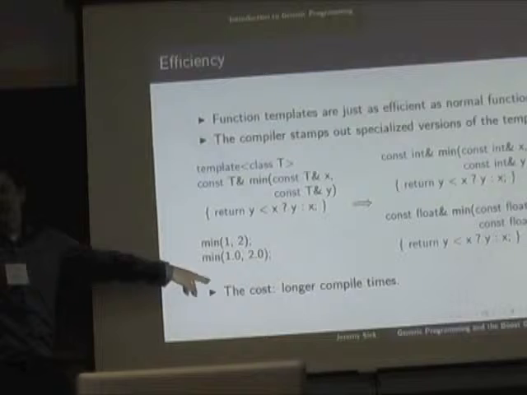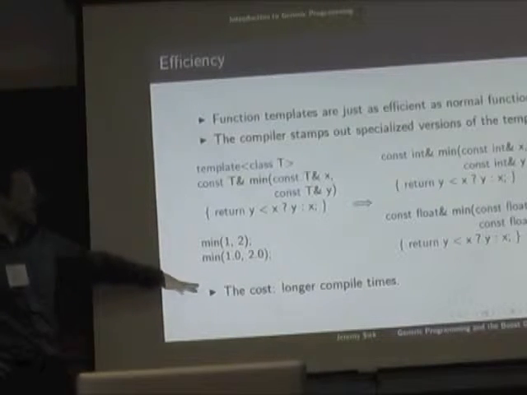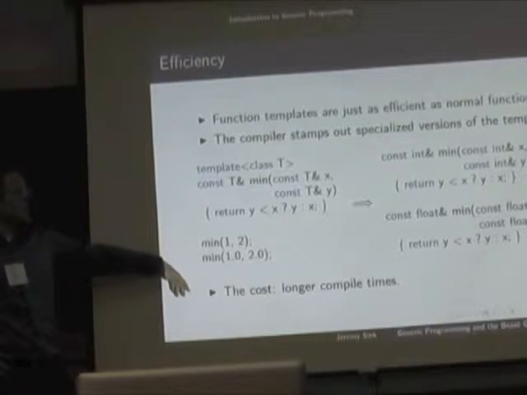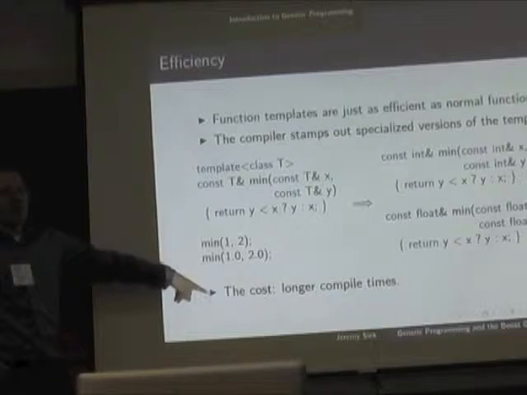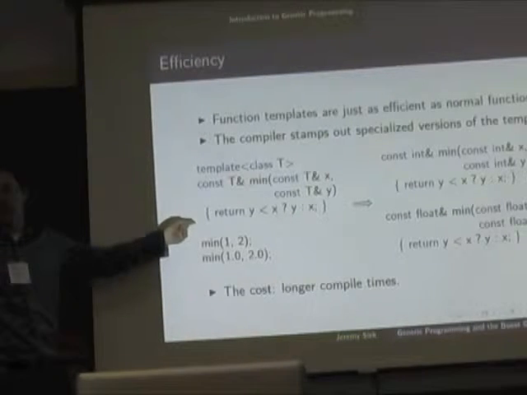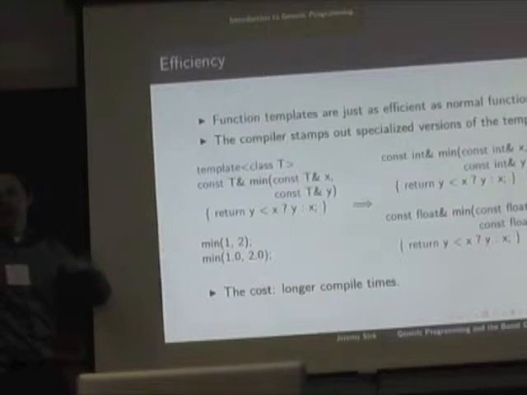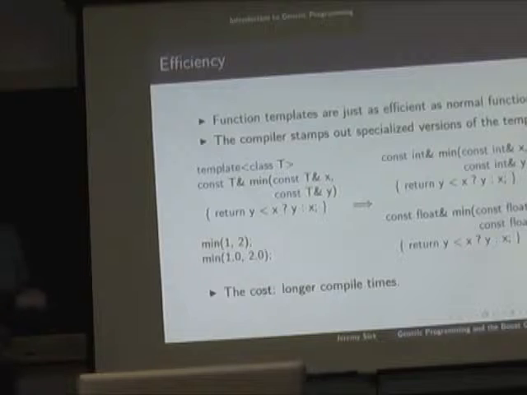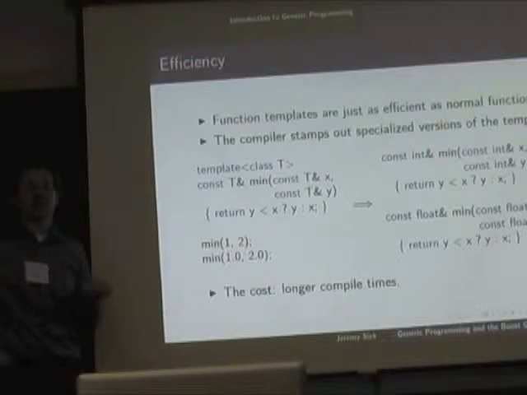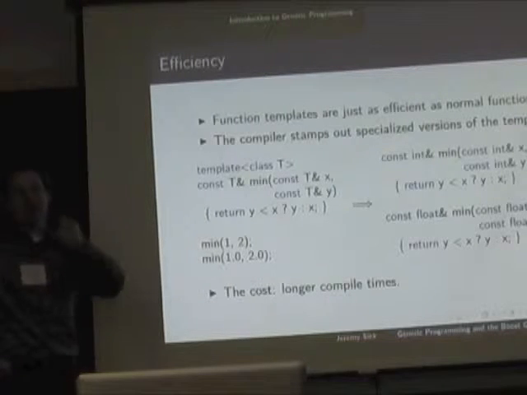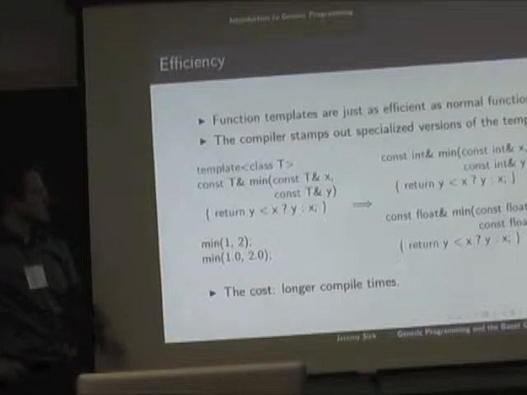And one of the areas of research that people are looking at, including myself, is how can you pick and choose when you want the long compile time versus when you want fast compile time but are willing to let the runtime performance go slow. Let's say you're in development mode, maybe you don't care about your runtime performance, but you want fast compile times, and so you'd like to be able to flip a flag or something to say, compile me fast instead. So that's something that I'm looking at.